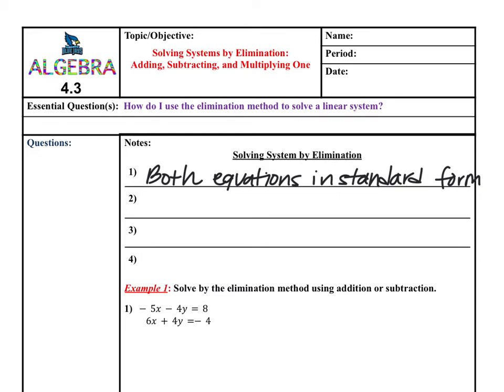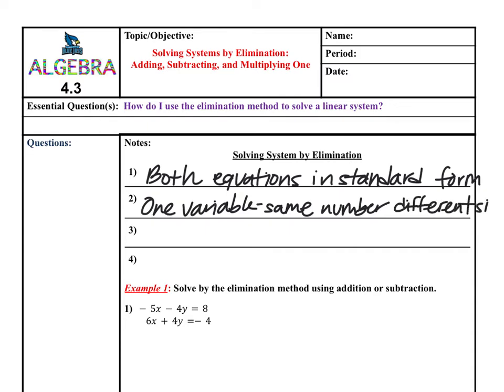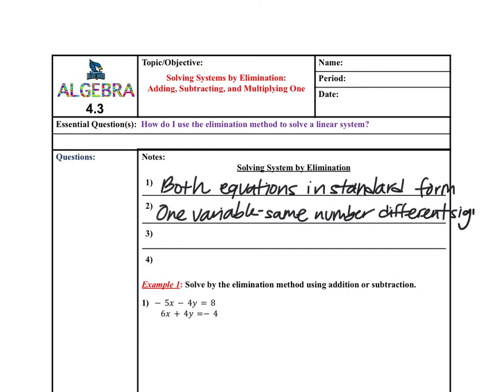Then you need to have one variable have the same number but different sign. This might mean that you have to multiply.